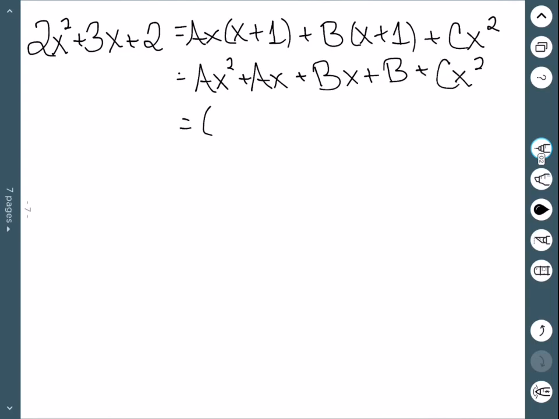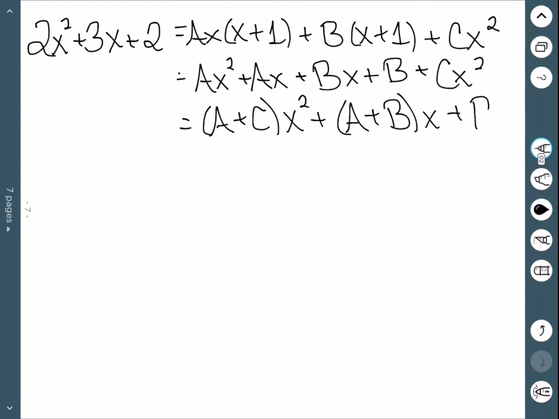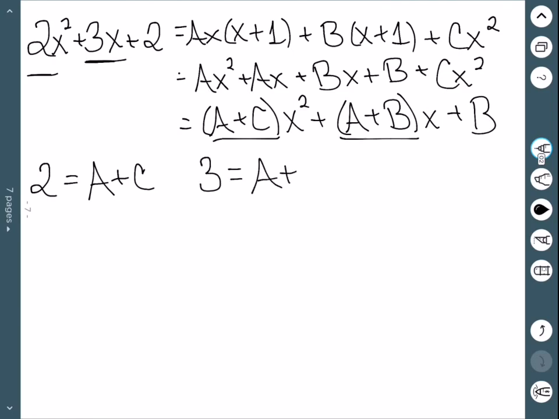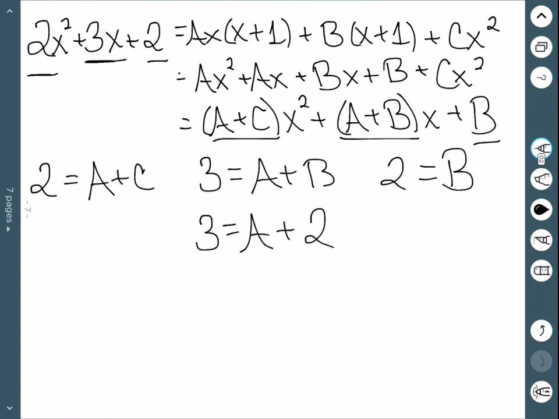If I get the x squared terms together, I have A plus C. The x's are A plus B, and then the constant is just B. In front of an x squared on the left is a 2, and on the right, A plus C. In front of the x term on the left is a 3, and on the right, A plus B. The constant on the left is 2, and on the right is B. We can use either the first or second equations to solve for A. This time we'll use the second. I know that B is 2, so A must be 1.